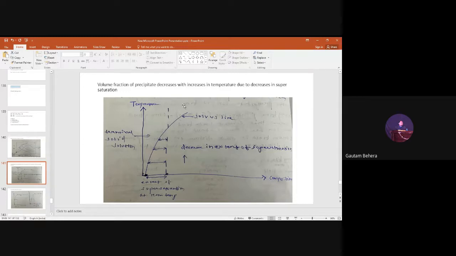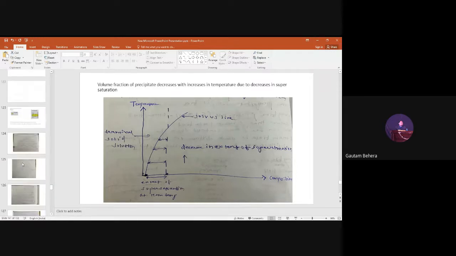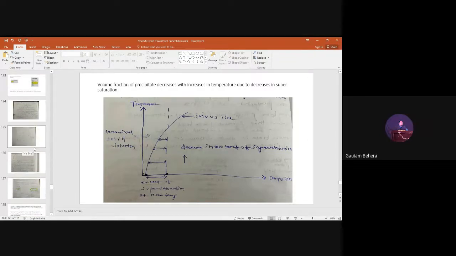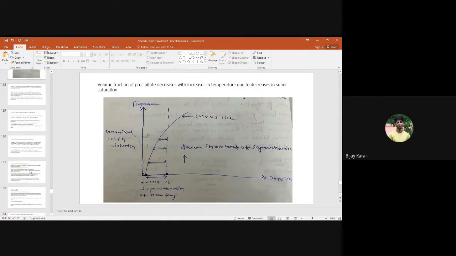Can anybody remember which kind of phase diagram this image is showing, or this is a part of which kind of phase diagram? Which kind of alloy? Single phase alloy or two phase alloy? I'm asking, two phase alloy system or single phase alloy? Two phase. Yes, two phase.